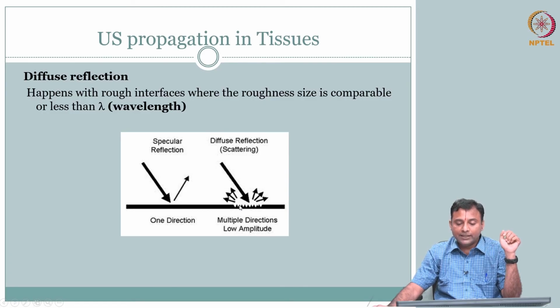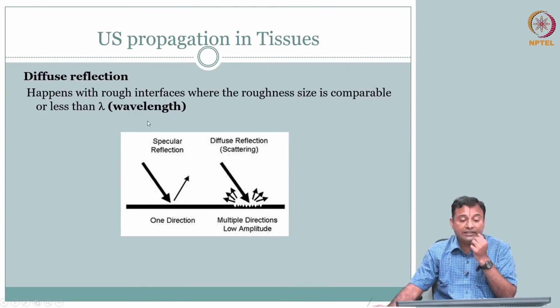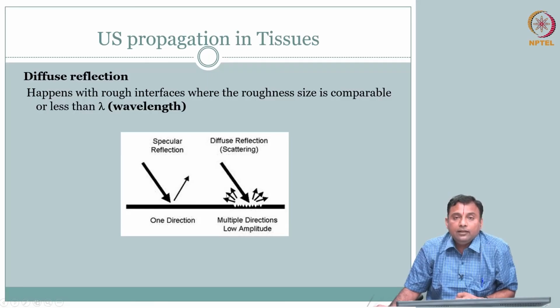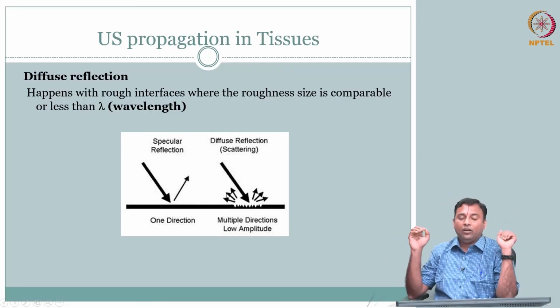You can think about the radius of this roughness as a length scale comparable to or less than your wavelength. If that is the case, then you have scattering or diffuse reflection.